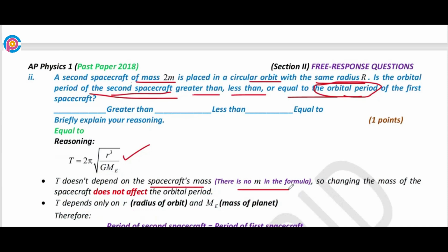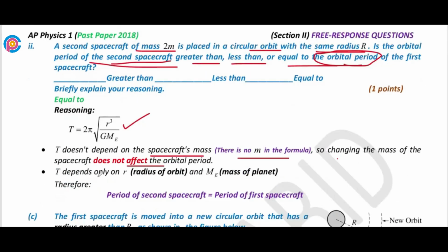There is no m in the formula. So whether the mass is m, 2m, or 3m, it doesn't affect the orbital period. The period only depends upon the radius of the orbit and the mass of the planet.